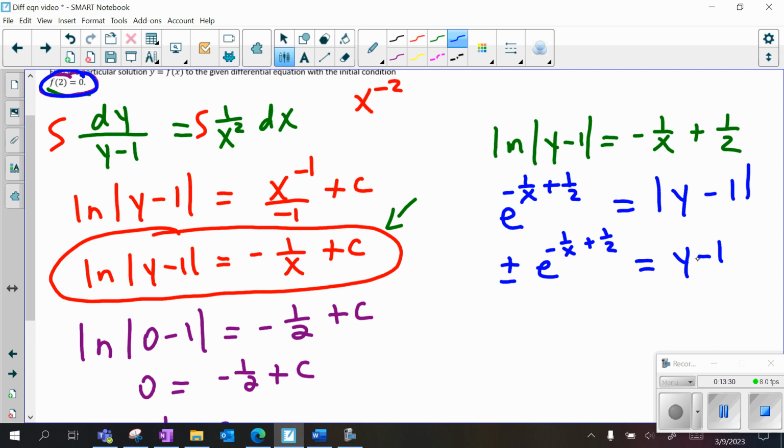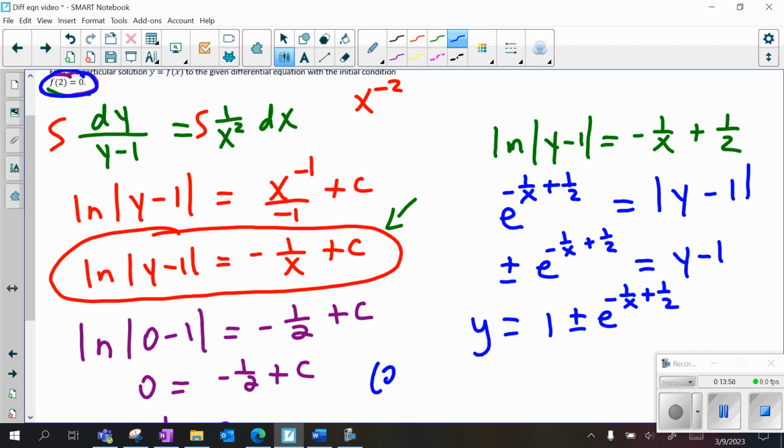I'm going to add the 1 over to the right. So it's y equals 1 plus or minus e to the negative 1 over x plus 1/2.